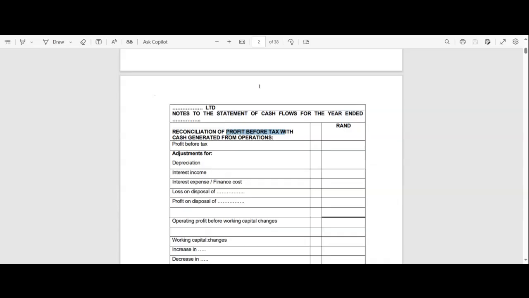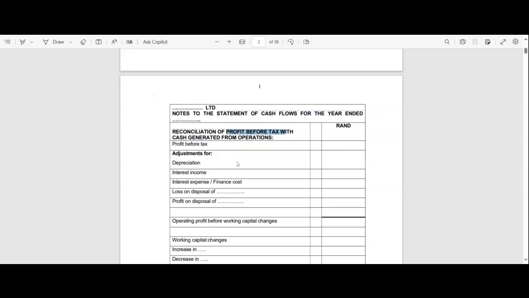In other words, take out of profit before tax any income or any expense that does not relate to operations. Once we've done that, ladies and gentlemen, what we are left with is then still a profit, not a cash flow yet.